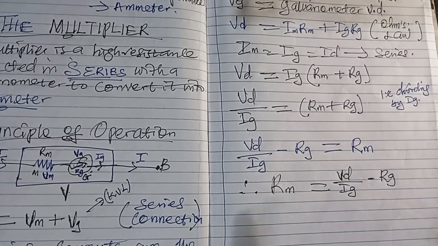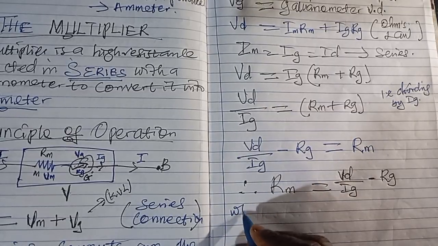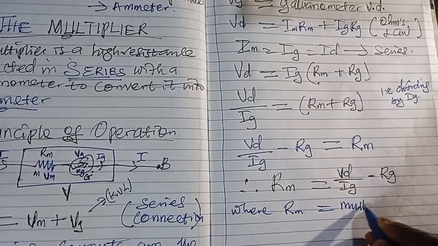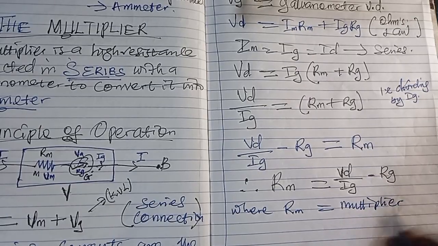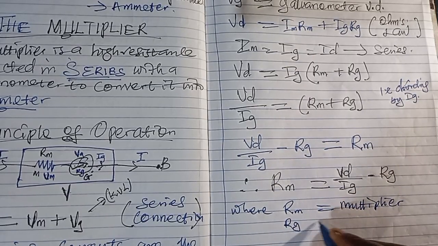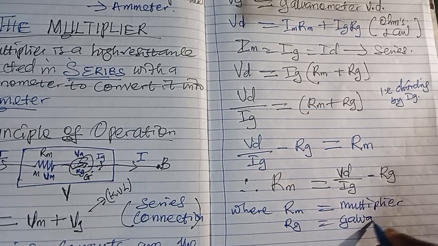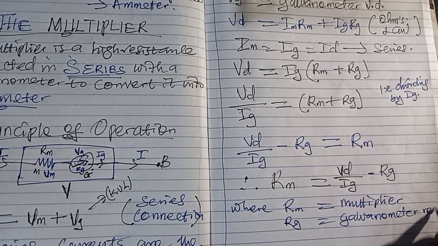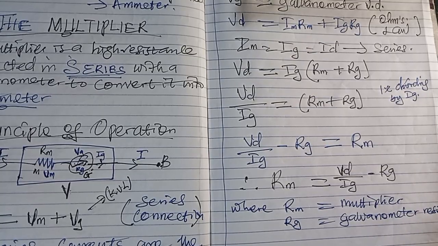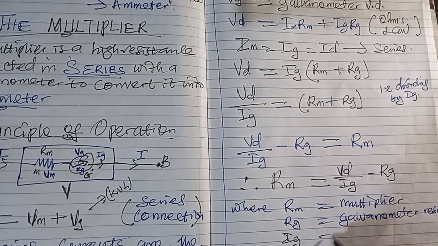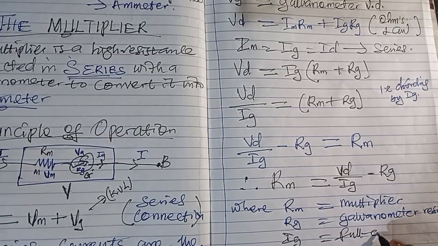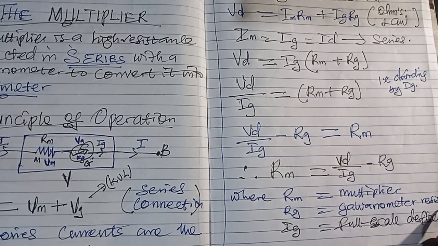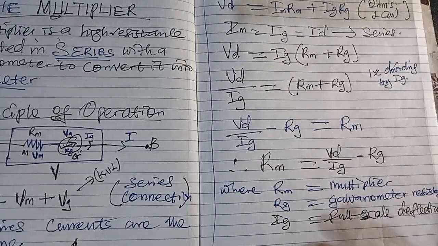Where Rm is the multiplier, Rg is the galvanometer resistance, then Ig is the full scale deflection current.